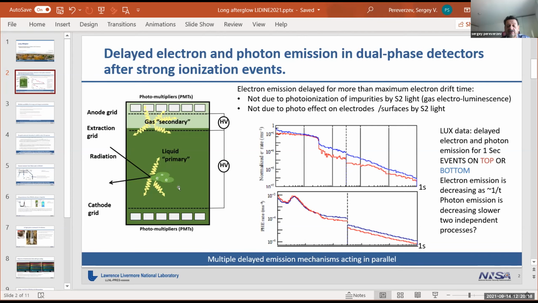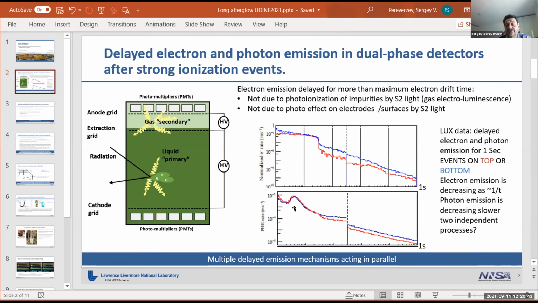So these electrons are likely not the result of ionization of impurities by S2 light and not the result of photo effect on electrons. And another important feature, this delayed emission of electrons lasts for about 1 second, possibly longer in a large detector.